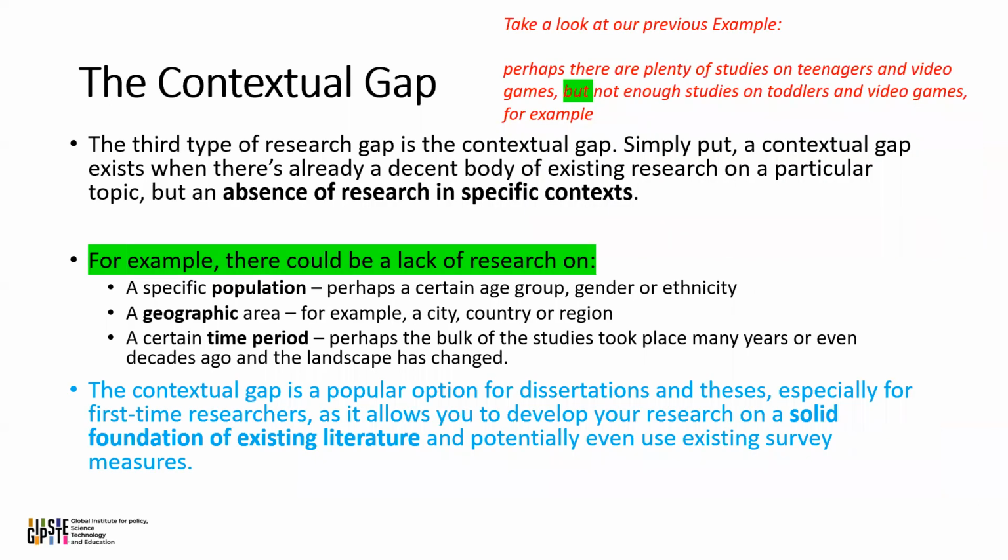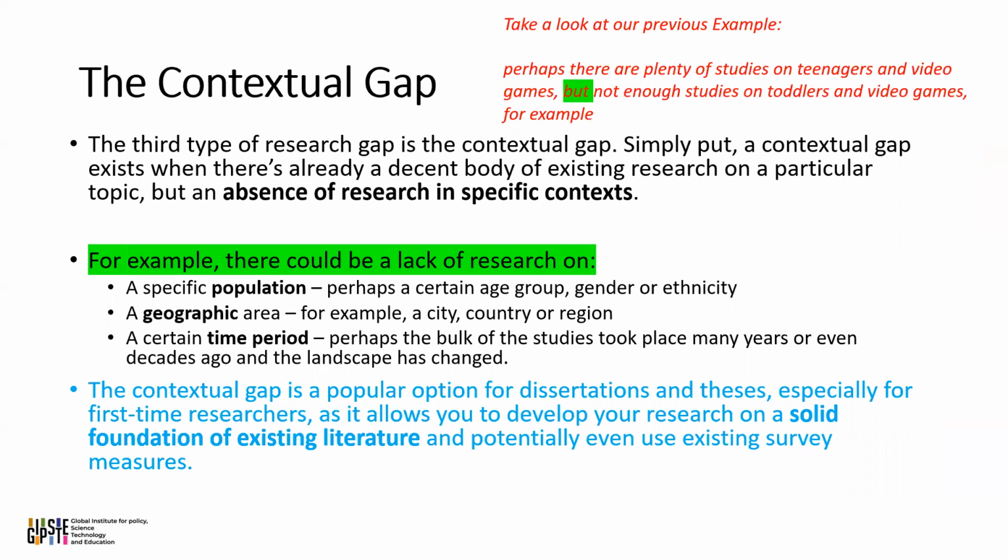Another type is the contextual gap. The third type of the research gap is the contextual gap. Simply put, a contextual gap exists when there is already a decent body of existing research on a particular topic, but an absence of research in a specific context.